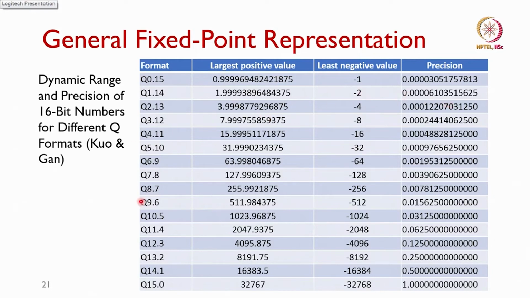But if I do not want to represent any fractional number and want it as an integer, then I will call it Q15.0, where 15 bits represent the integer. The value range will be 32767 to minus 32768, and the precision in this case is going to be 1.00. So it depends on what precision you want for your application. Based on it you will choose your number system.